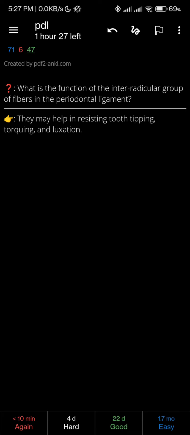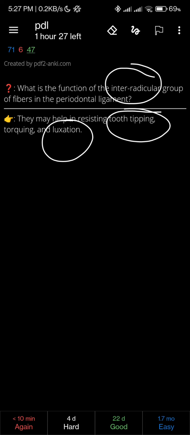They help in resisting tooth tipping, luxation, and torquing.